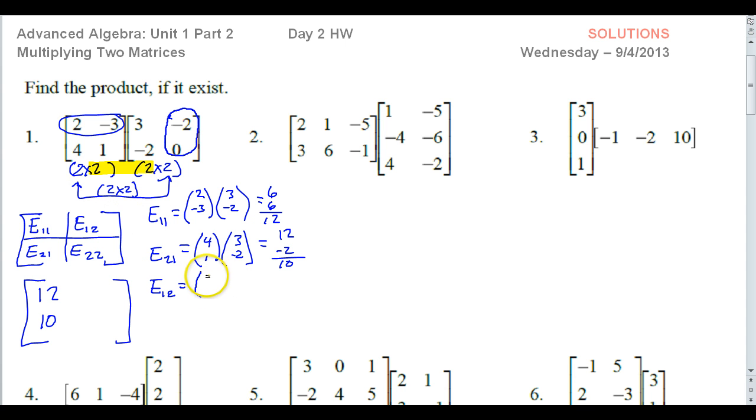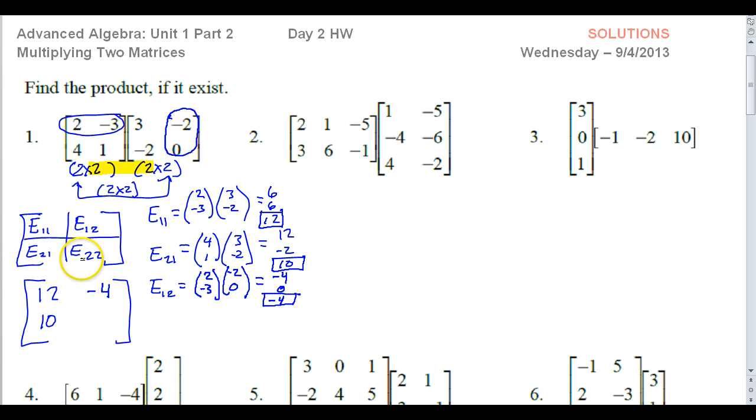Row 1 is this 2, negative 3, and column 2 is the negative 2, 0. I'm multiplying, so that's going to give me negative 4 and 0. If I add those up, I get negative 4. I really could have put a box around these little answers. So negative 4 is going to be this element right here.